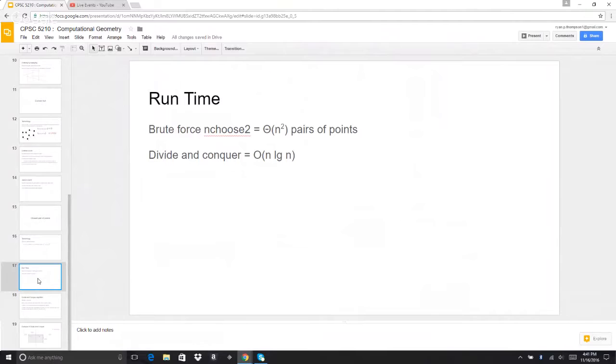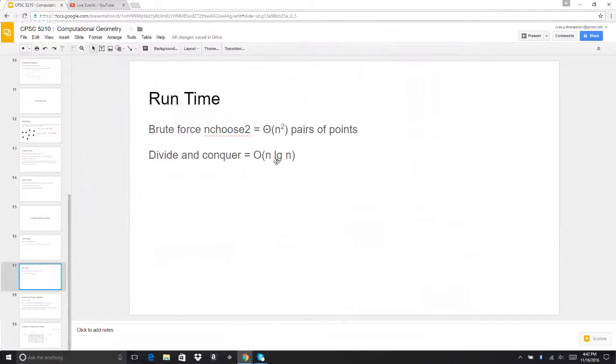The runtime. When determining the distance between 2 points, you could go between 1 point and every other point. Because you're doing that for every single point, you're reevaluating it n times for n points, so you get n squared if you do this brute force method. If you do a divide and conquer method, you quickly decrease the time to n log n.